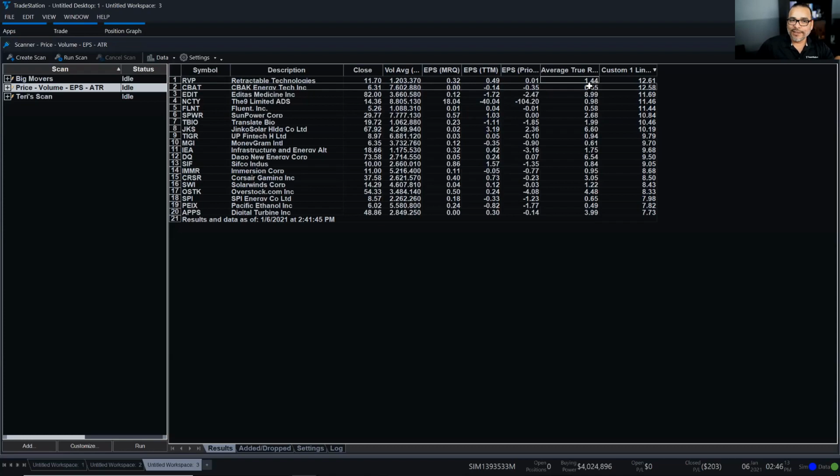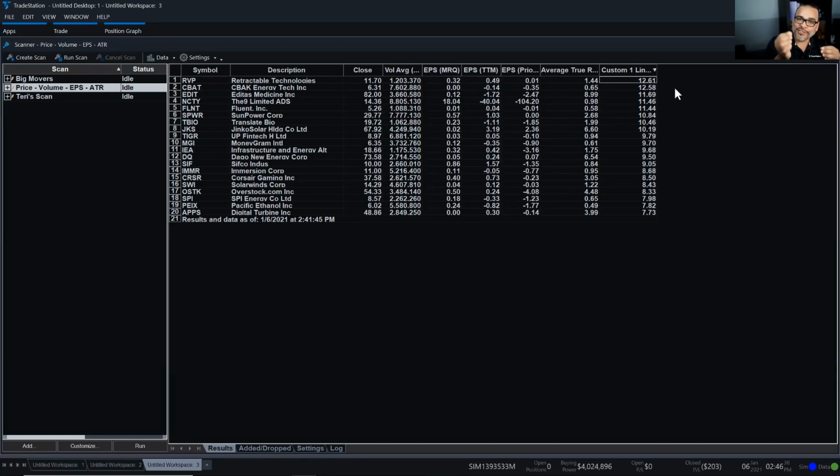In fact, the top of the list is this stock, RVP. The company is called Retractable Technologies. Not sure what the company does. The price of the stock is $11, and it moves an average of $1.44. Now that is 12% based on this custom study, the formula that we added.